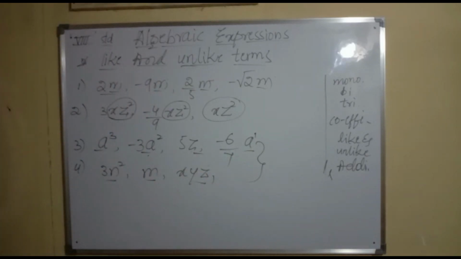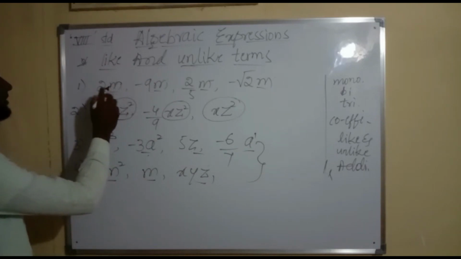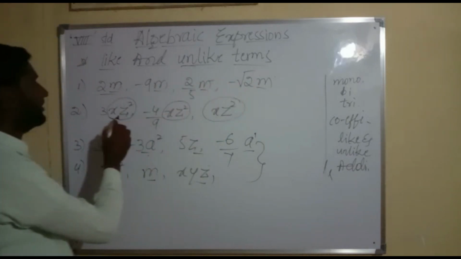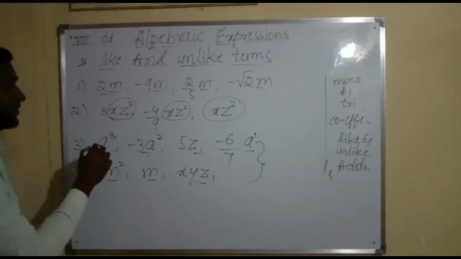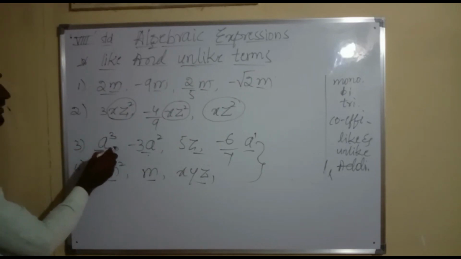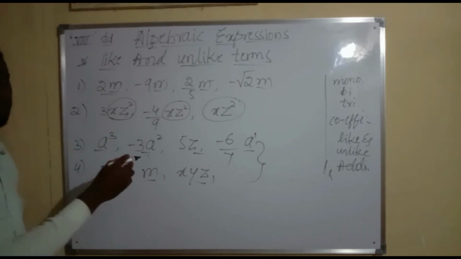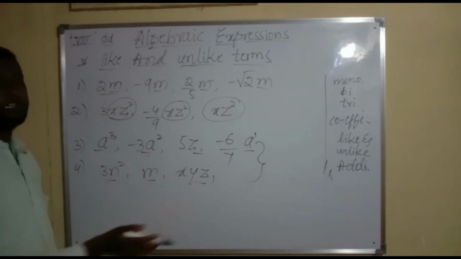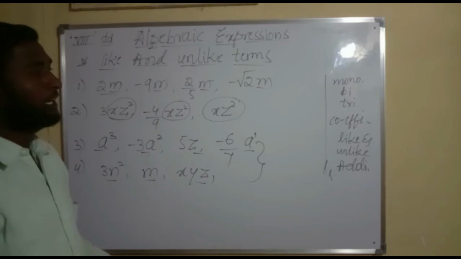So do we come to know? Like terms means the terms must have the same variable with the same exponent. Unlike terms means the terms having the same variable with different exponents, or different variables with different exponents.